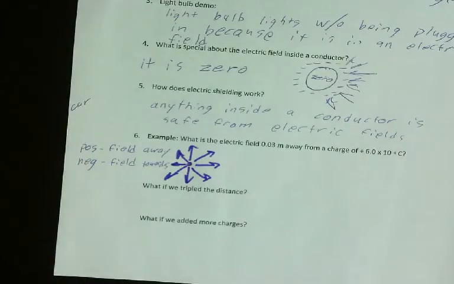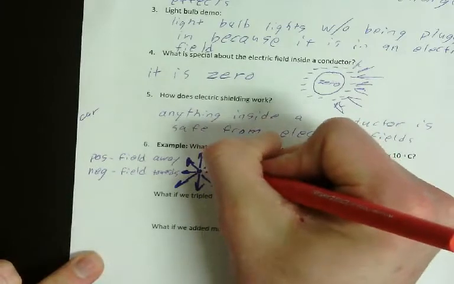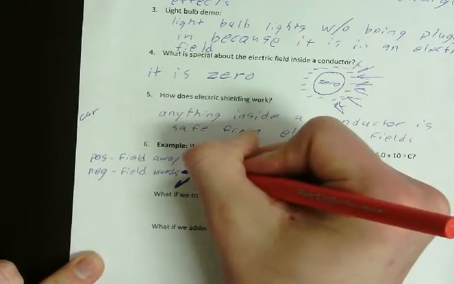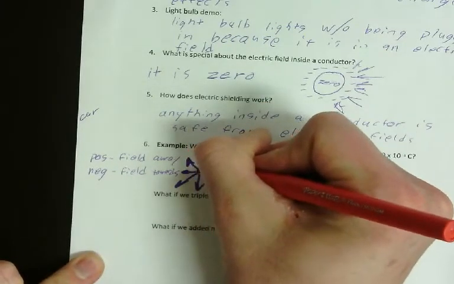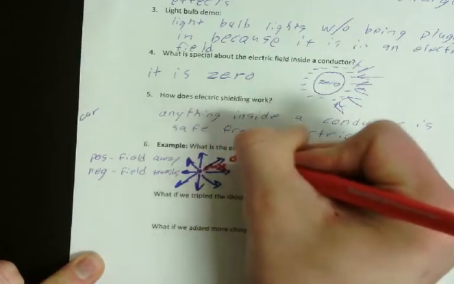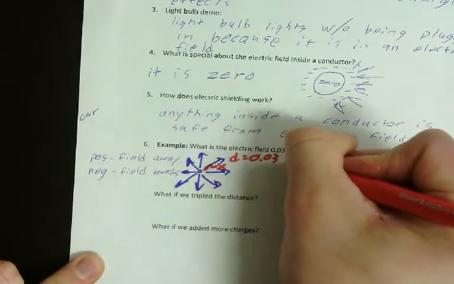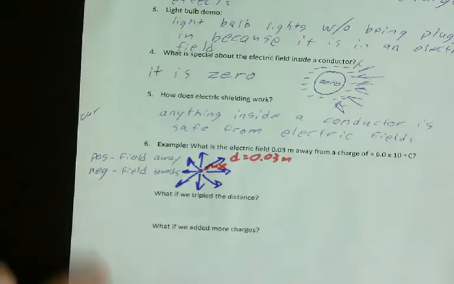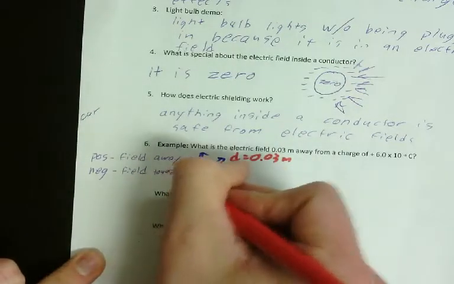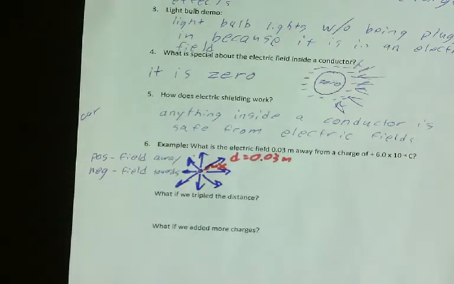And it wants to know what the electric field is 0.03 meters away. Notice that it does not matter where I put the 0.03 as long as I have the distance listed. It doesn't matter where the 0.03 is, it just needs to be in the problem.